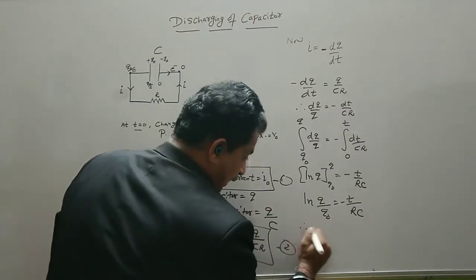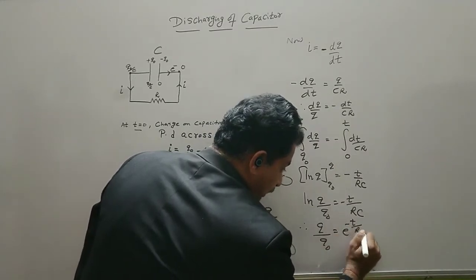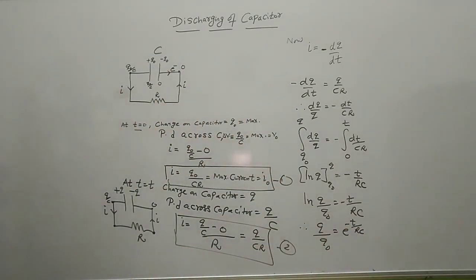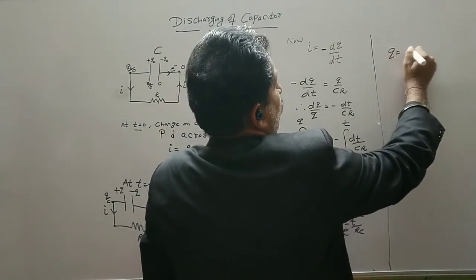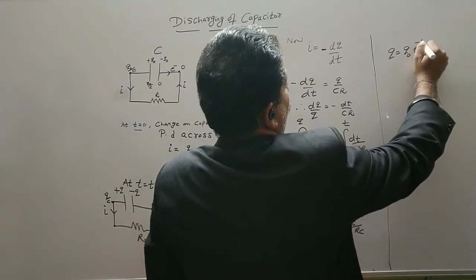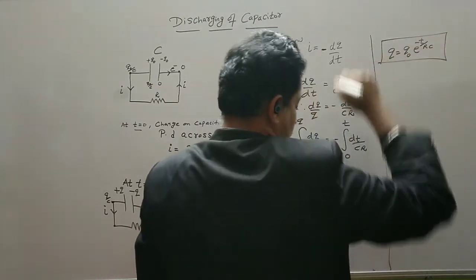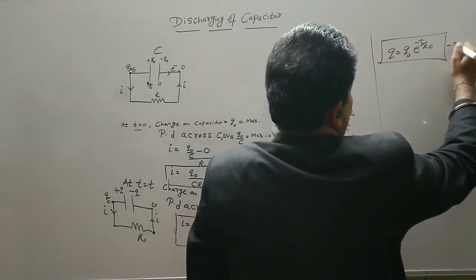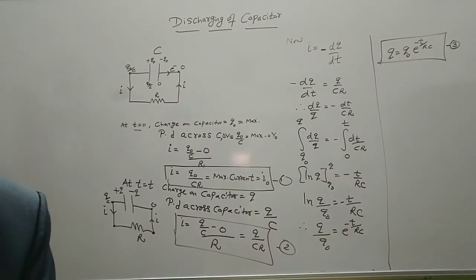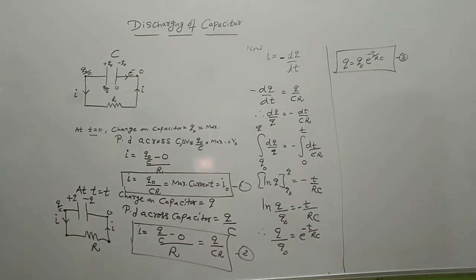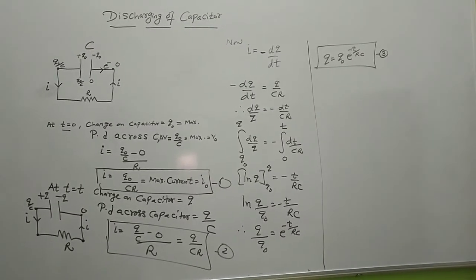Therefore, taking the anti-log on both sides, this becomes e raised to minus t upon RC. Therefore, q is equal to q naught e raised to minus t upon RC. This is the equation of the discharging of a capacitor, or the charge on the capacitor at any instant.